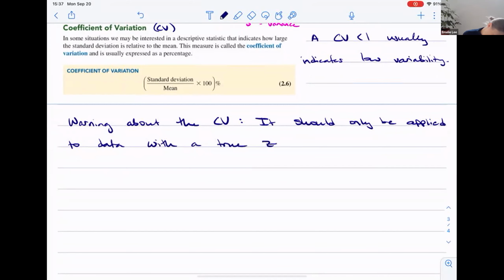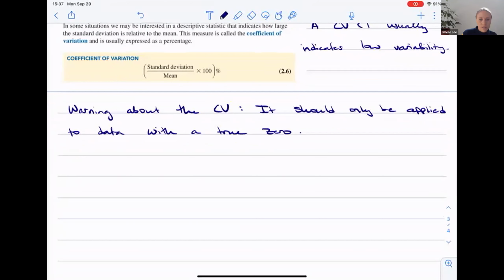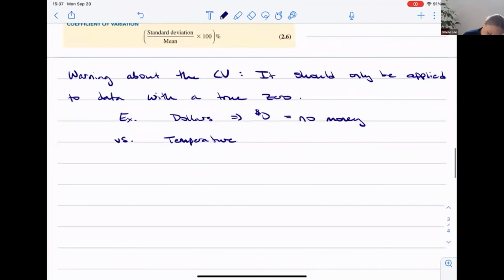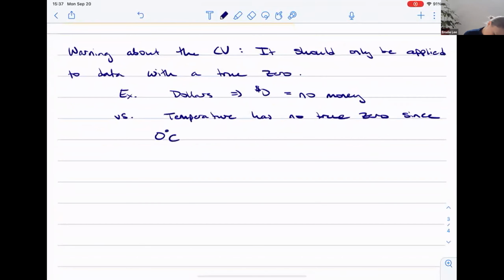For example, $0 is no money, whereas temperature has no true zero, since 0 degrees Celsius is not a lack of temperature, right? It's just another temperature.